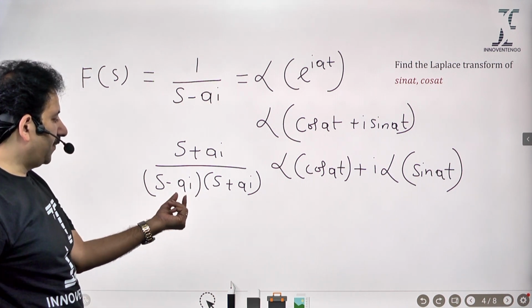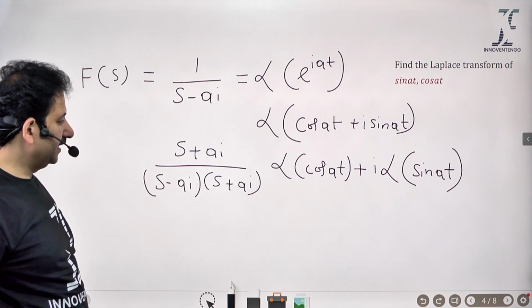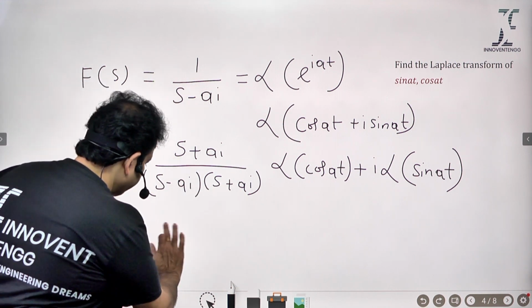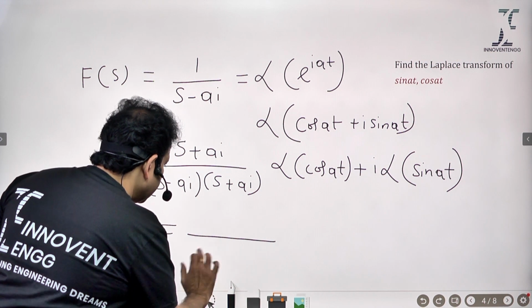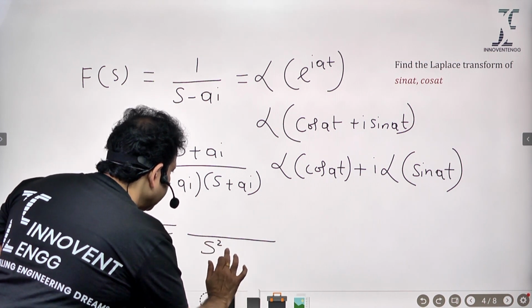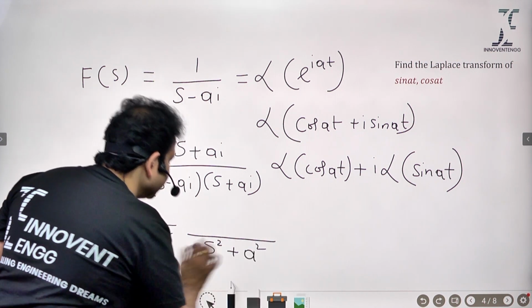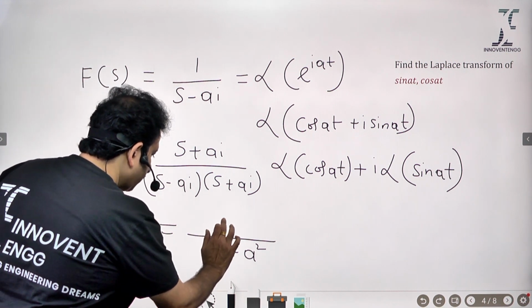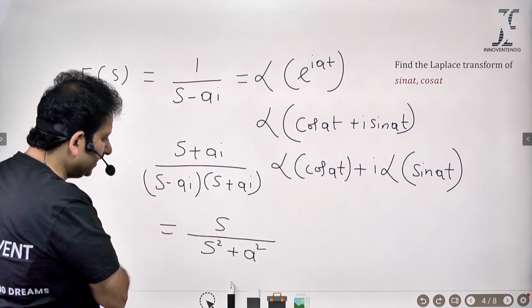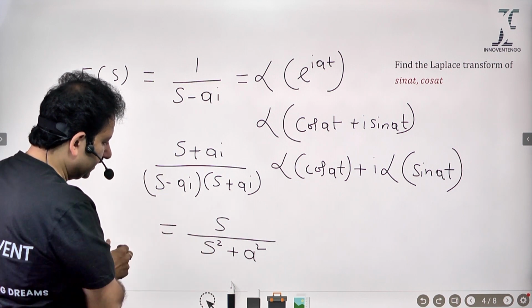When you multiply by its conjugate, you get a real number, and you are familiar with this from when we were dealing with differential equations and especially roots of the auxiliary equation. So this is very, very easy. And now I have got two terms. The denominator is a real number now.